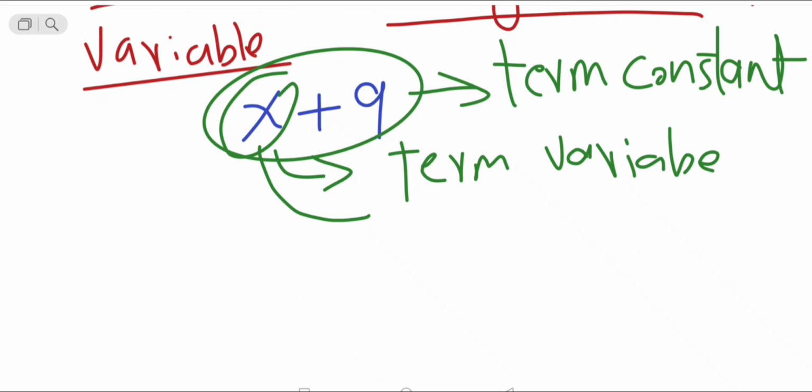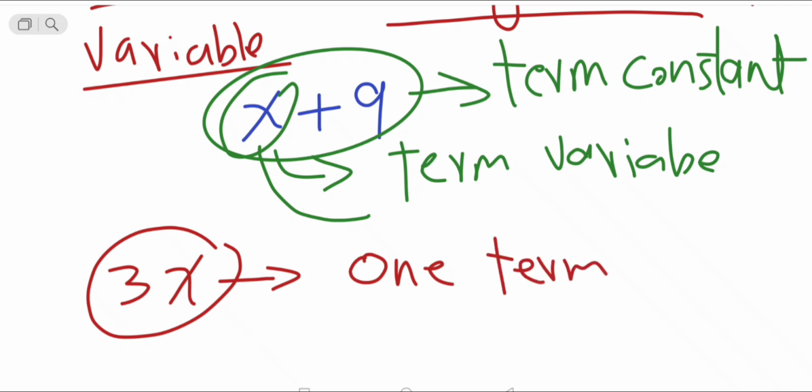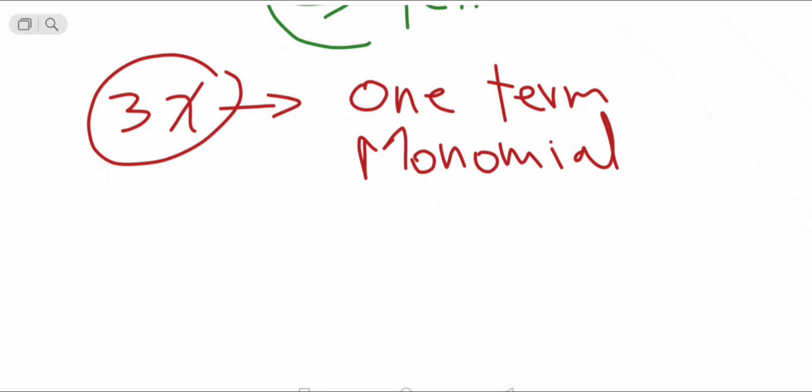Then we have something else. It can be written in this form, for example, 3x. It is one term. 3 is multiplying with x, so it is one term. If it is one term, we say it is a monomial.